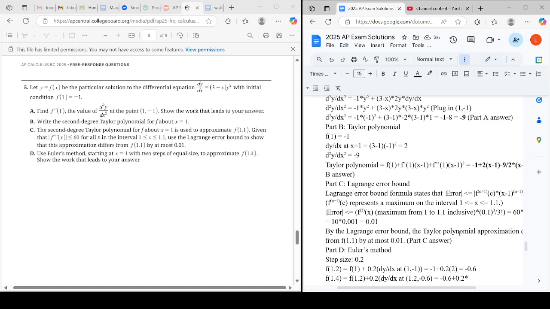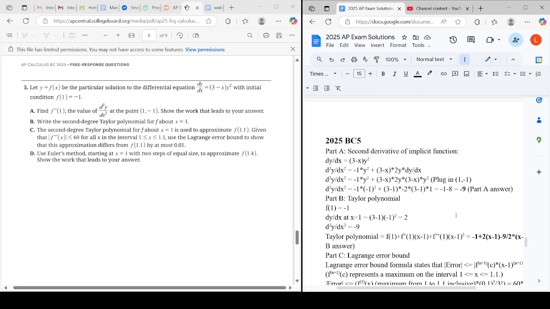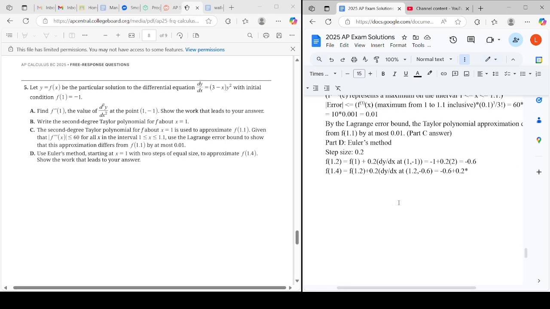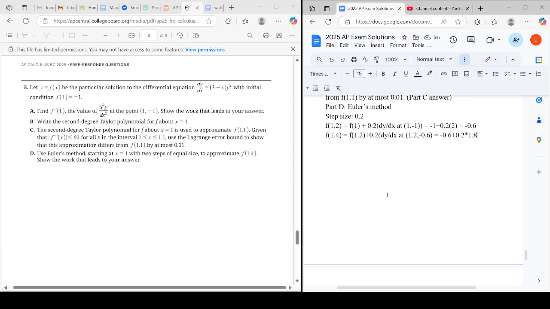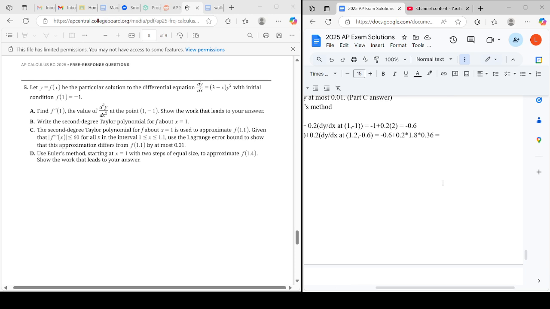If you look here, 3 minus x would be 1.8, and then we're going to use negative 0.6 squared, which is 0.36. After all this calculation that you'll do on paper, you'll have 1.8 times 0.36.